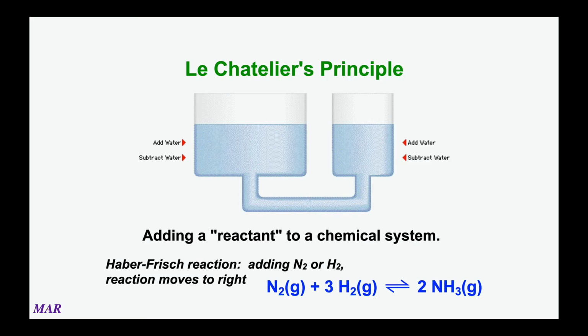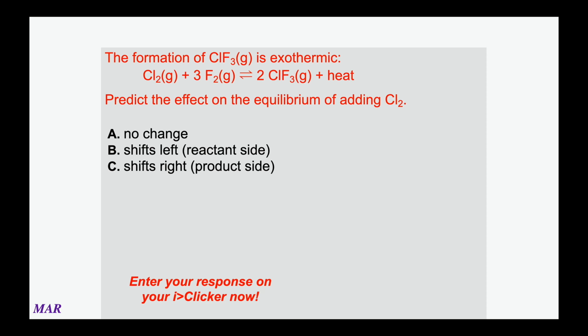If you add something, by Le Chatelier's principle, the reaction will shift to the opposite side of what you added, and that'll be important too. So adding a reactant, the reaction moves to the right, more product is made. So back to this example, chlorine and fluorine making ClF3. What's going to happen if you add chlorine? Well, chlorine is a reactant. It's going to shift to the side opposite of what we added.